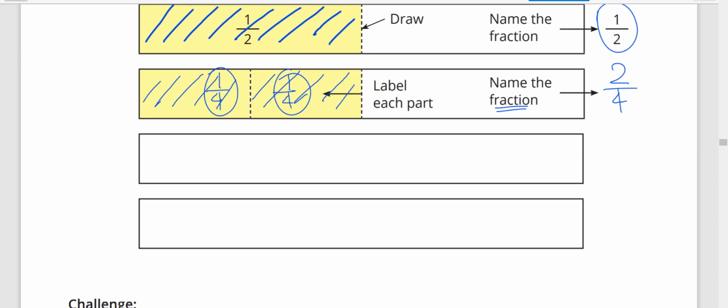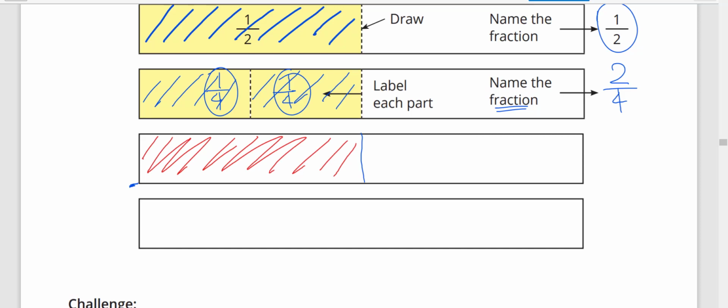The third one, divided into equal parts to get half. Okay, here we can divide it into 6 parts. How can we divide it? At the first, divide it into halves. So this is half.